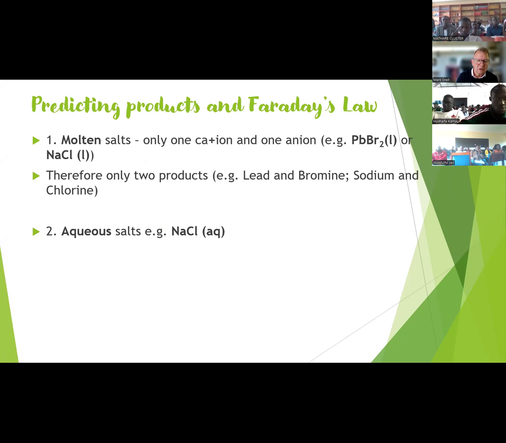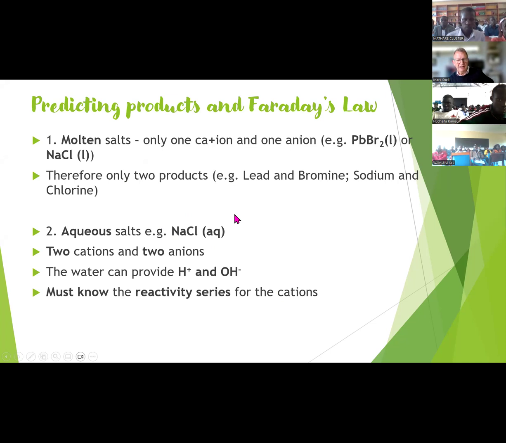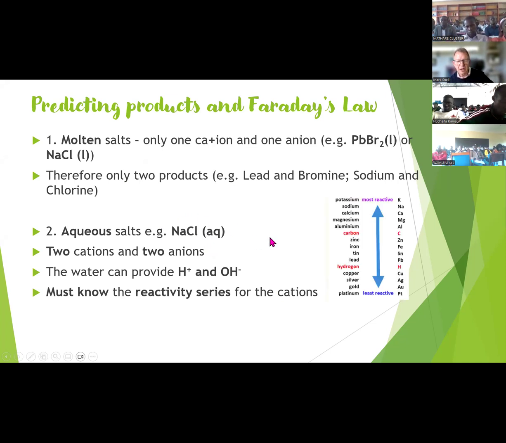Simple. Aqueous salts, you have to remember there are two cations and two anions. So, like if it is NaCl, AQ, then the two cations will be the Na plus and the H plus, and for the anions, Cl minus and OH minus. They must know the reactivity series. And basically, nature goes for the simplest path.